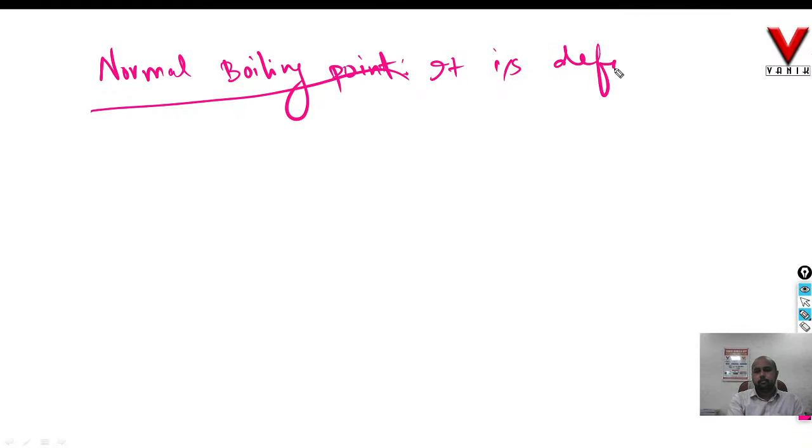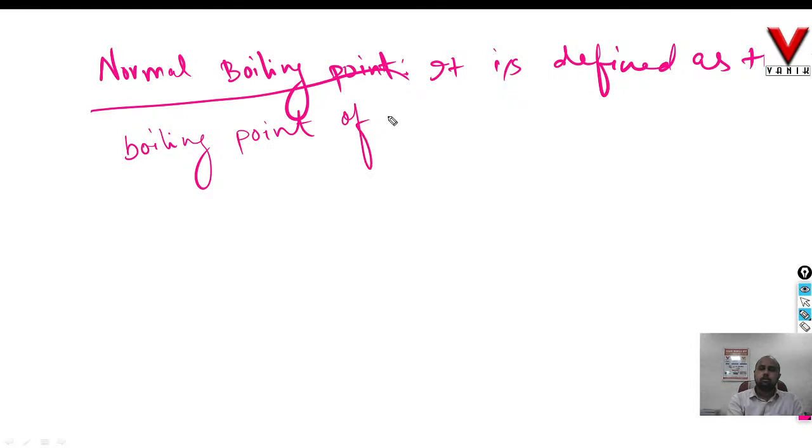It is defined as the boiling point of a liquid at 1 atmospheric pressure, or 1 atm. So it is defined as the boiling point of a liquid.